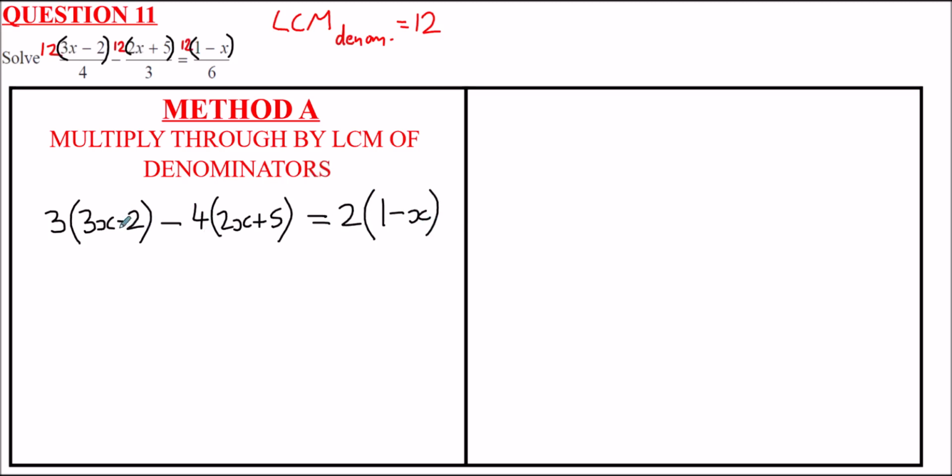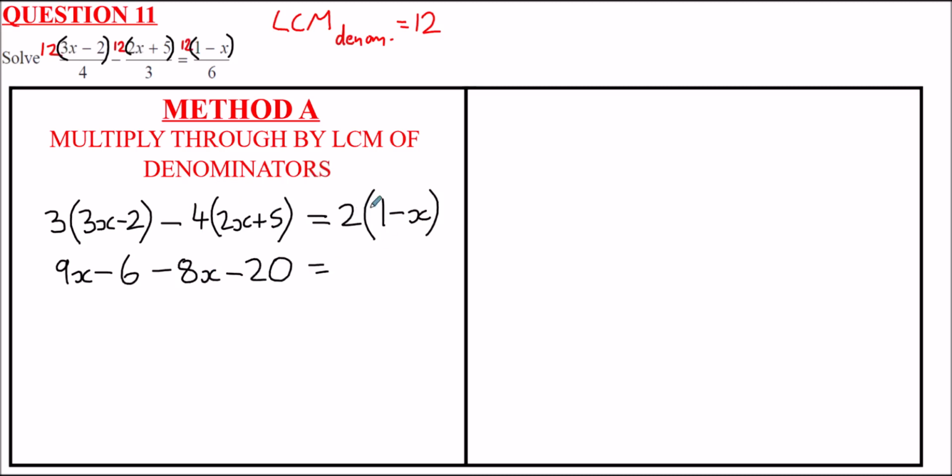Now we just need to expand the brackets. So 3 times 3x is 9x, 3 times minus 2 is minus 6. Next, 4 times 2x is 8x, but that 4 is a negative 4, which will give us negative 8x. 4 times 5 is 20, but because again that's a minus 4, you get minus 20.